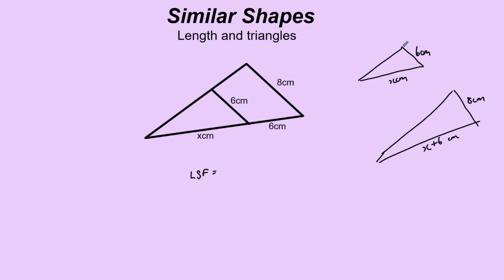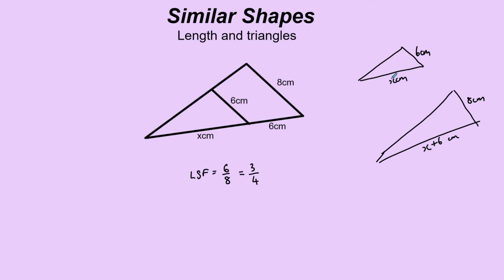We're going to use a reduction scale factor, comparing the sloping side with the 6 and the 8 because we know both of those sides. With a reduction scale factor, the smaller number goes on top. So 6/8, which becomes 3/4 if we simplify that fraction. And that's telling us that the smaller triangle is 3/4 the size of the larger triangle.